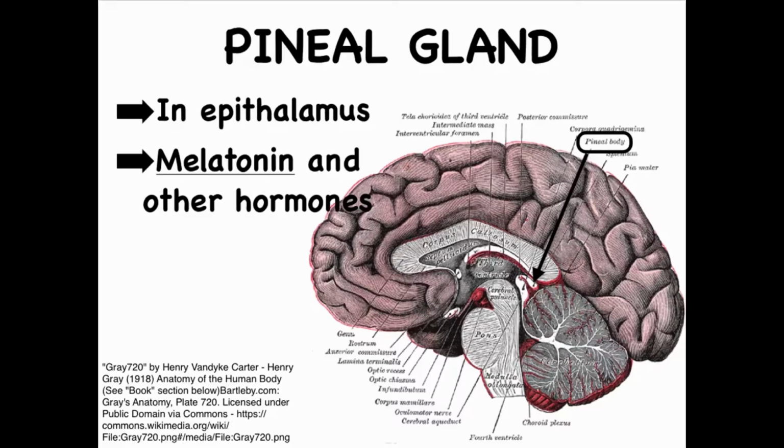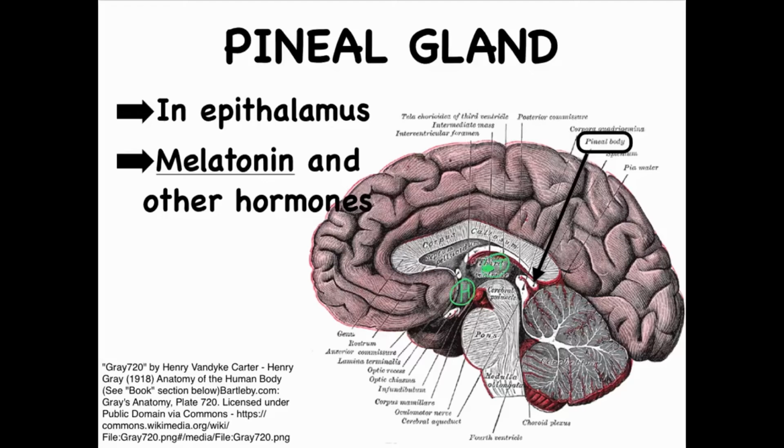Remember, when we look at a mid-sagittal cut of the brain, this region right here represents the diencephalon, with this right here being the hypothalamus, and this spot here indicating the thalamus.